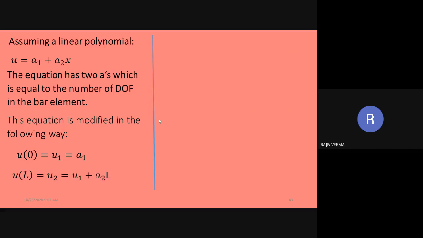Similarly, at node number 2, where the value of x is capital L, we get the second constraint equation, from where we can find the value of a2, which is u2 minus u1 divided by length. Then we substitute the values of a1 and a2 into the initial linear polynomial which we have chosen.